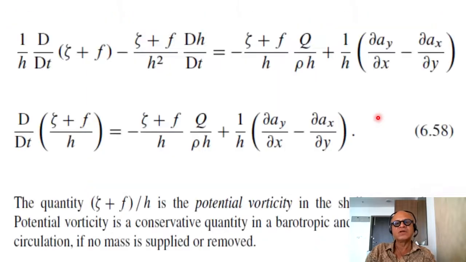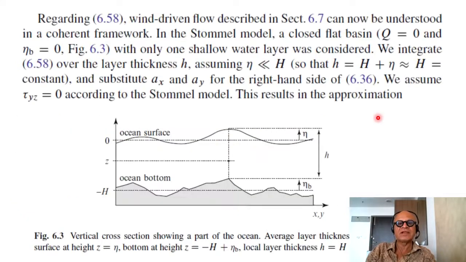So we are considering the shallow water layer as an isopycnal layer for simplicity, assuming again that eta is much less than the average water column depth, which is a very sensible assumption, so that h plus eta is approximately equal to h, and can be kept constant in the long-term average.